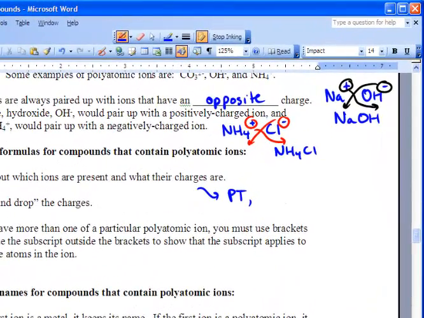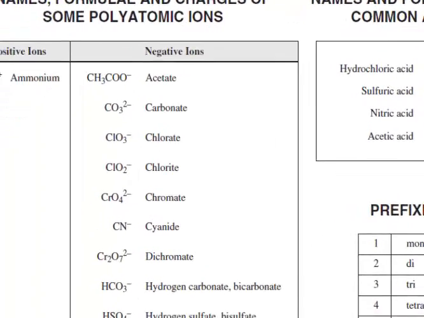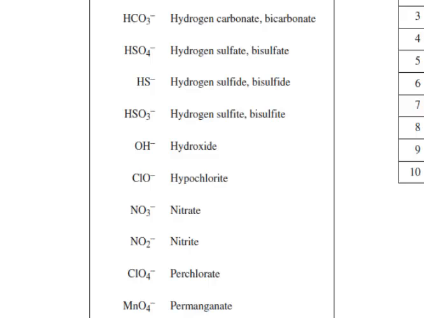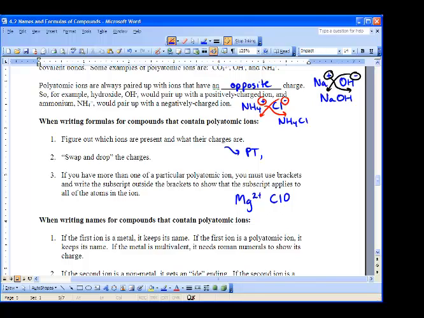And so we're going to do an example of that, Mg2+. We've got magnesium there, and we're going to add some ClO to that. ClO, if we look on our sheet, has just a minus there, and it's hypochlorite. So this is going to be magnesium hypochlorite.